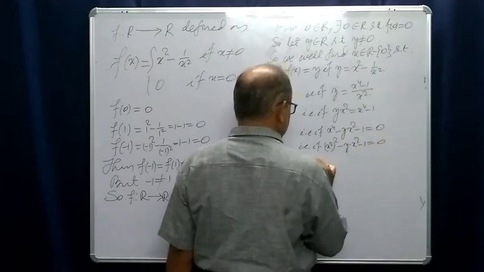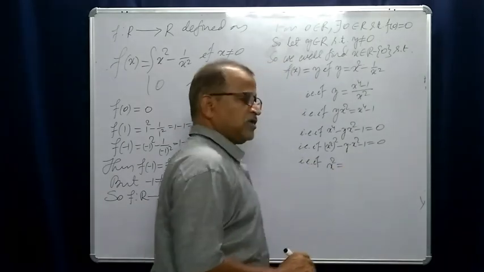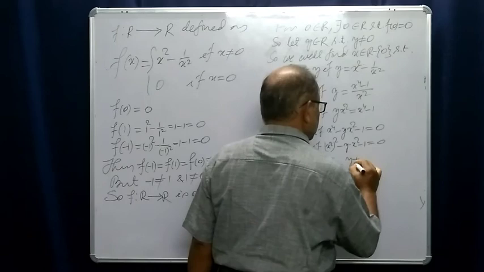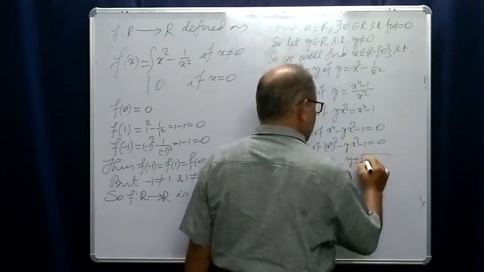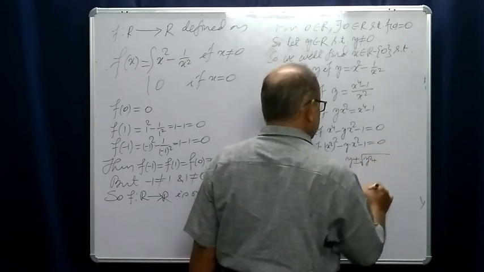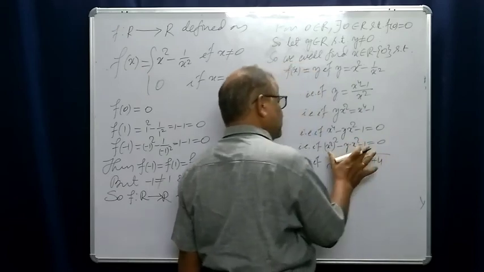That is, if x square is equal to minus b plus or minus square root of b square minus 4ac, where b is minus y, and 4ac means 4 into 1 into 1, right?